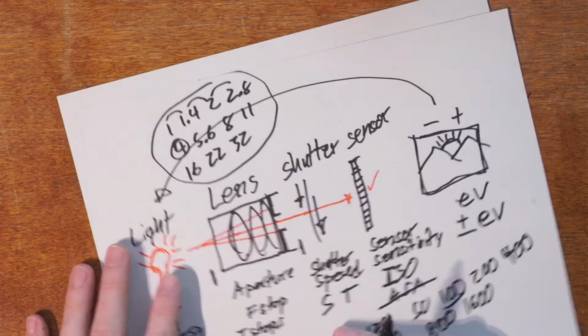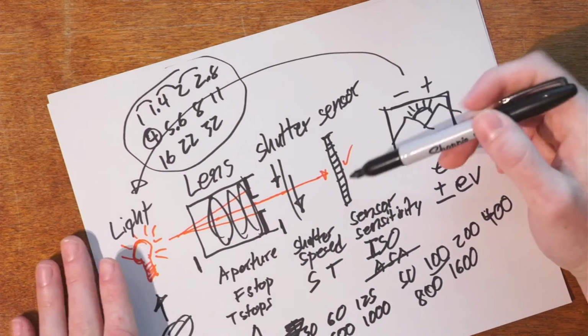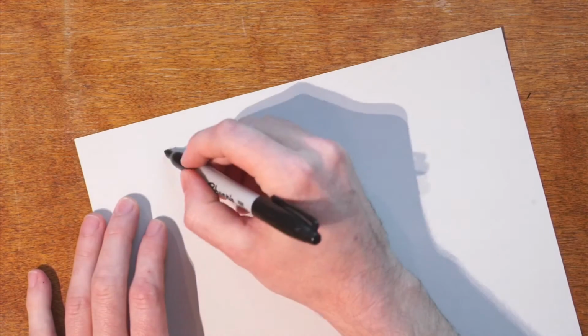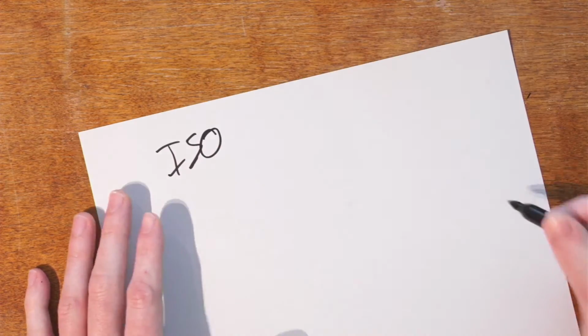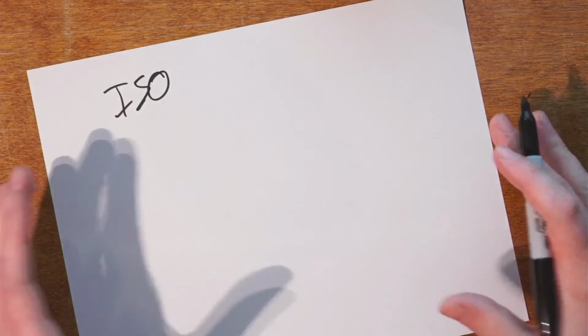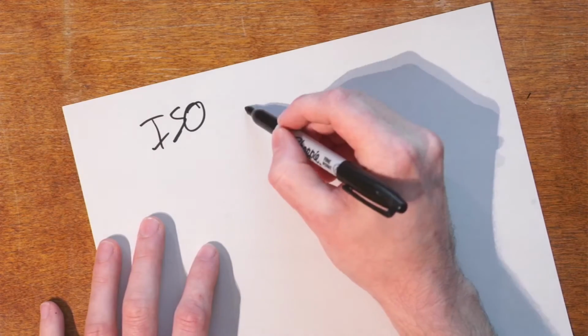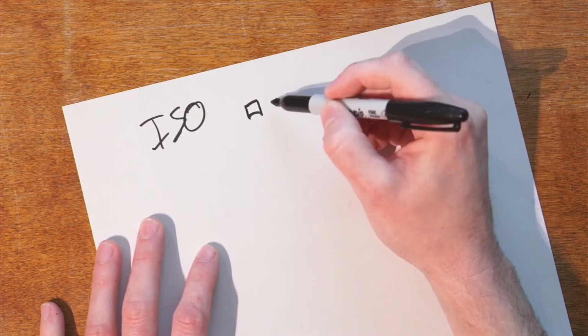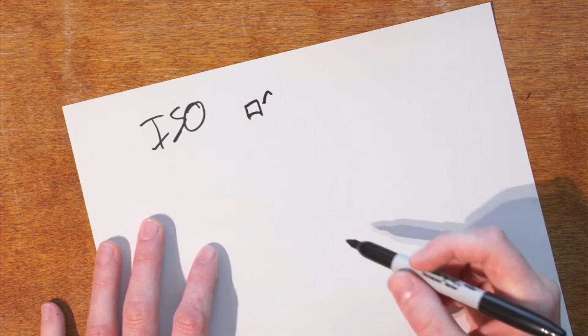Alright, so second to last, we have our sensor. So our sensor is again ISO. ISO is just the sensitivity of each little pixel, right? How many photons does it take for this pixel to come up one value?